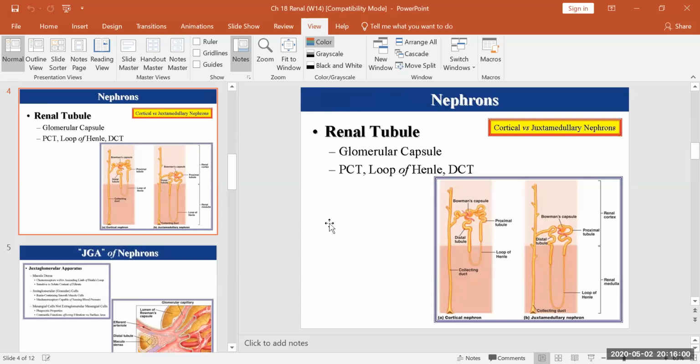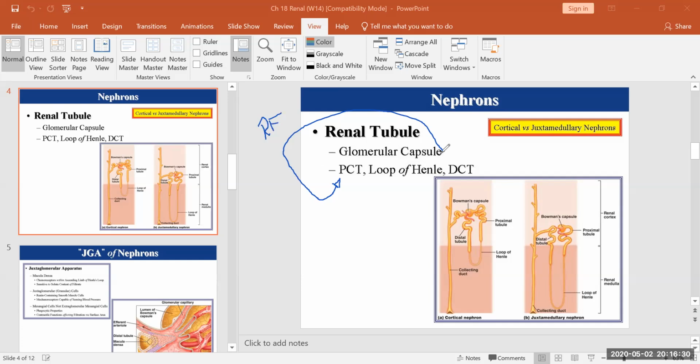Over here, the renal tubule I mentioned earlier. So it's a glomerular capsule, also known as Bowman's capsule. So the glomerular capsule is upstream. So this is how it goes. You start with the glomerular capsule. You're gonna go into the PCT. So I'm talking about the renal filtrate, okay?